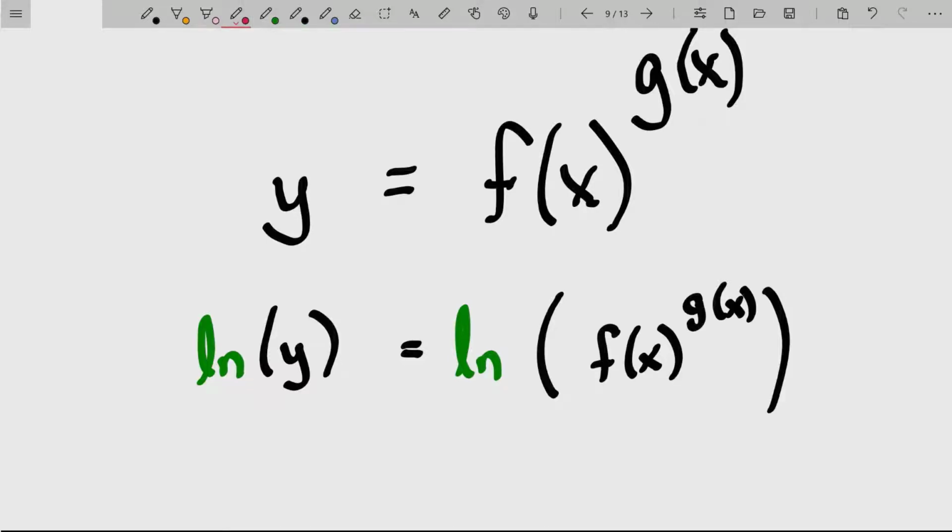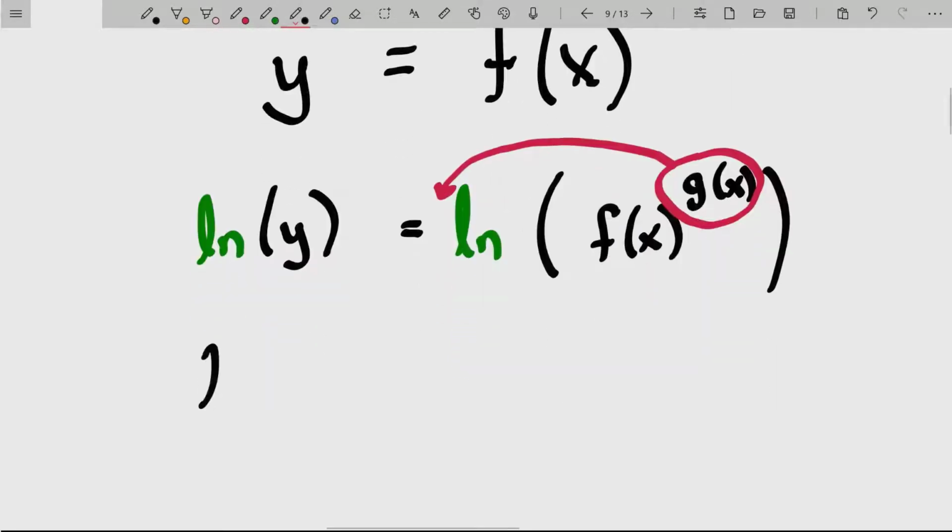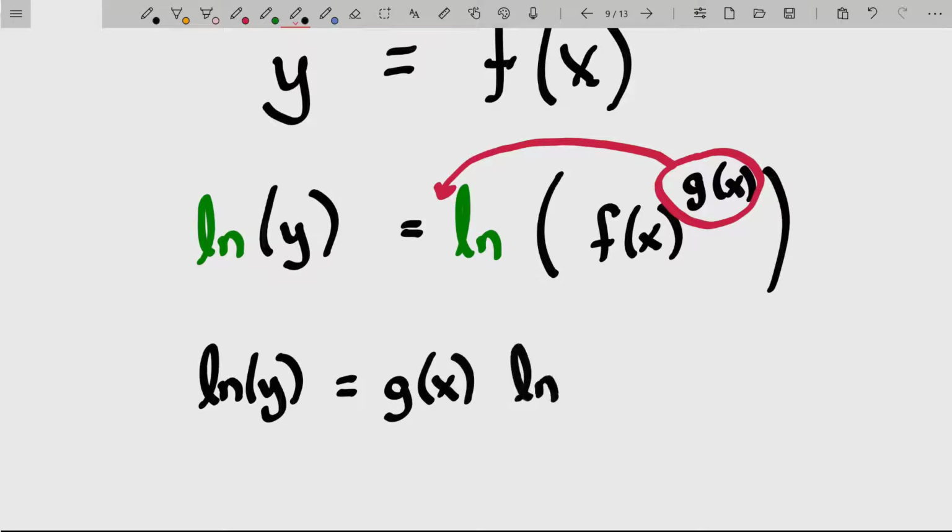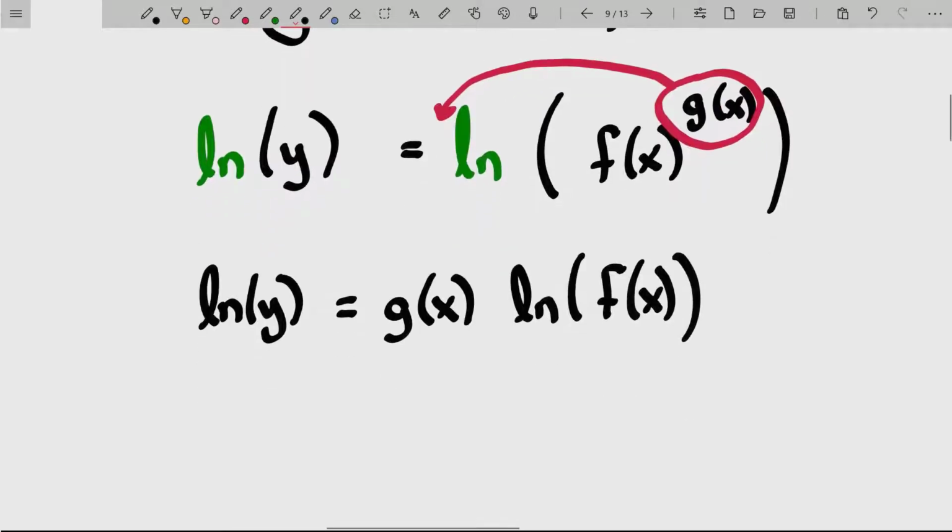I'm going to take that exponent now, and I'm going to move it out in front of this logarithm. So I have the natural log of y is therefore equal to g of x times the natural log of f of x. And now I have a product of functions on the right-hand side, and one of them has a function nested within it.